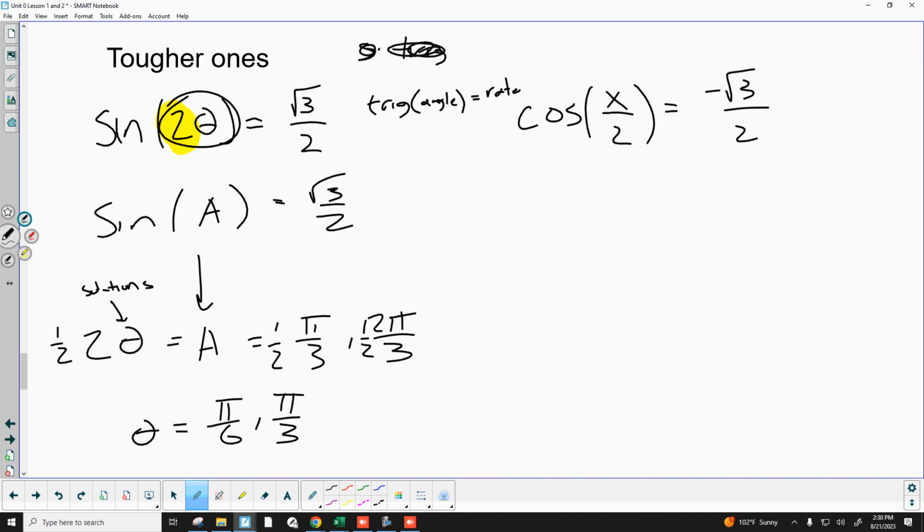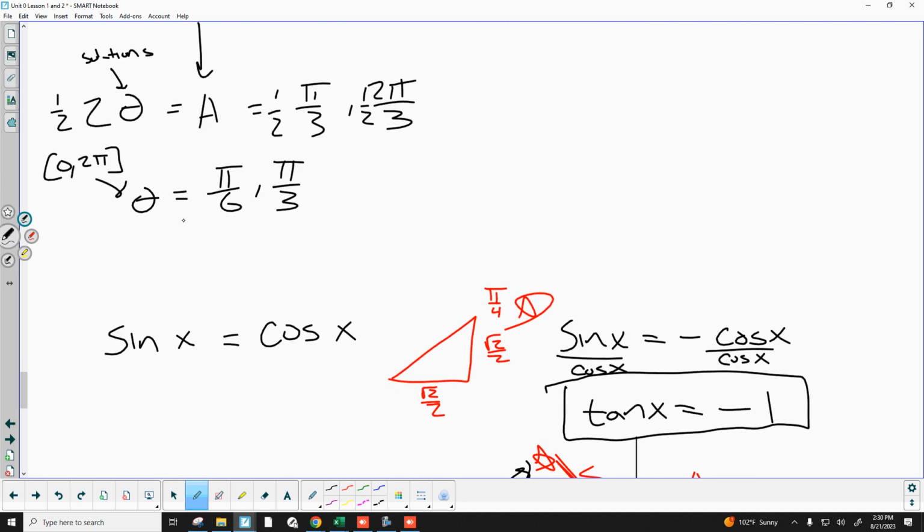However, if I want all of my solutions from 0 to 2 pi, pi over 6 and pi over 3 are definitely between 0 and 2 pi. But what happened is I took my angles and divided them by 2 to get my solution.